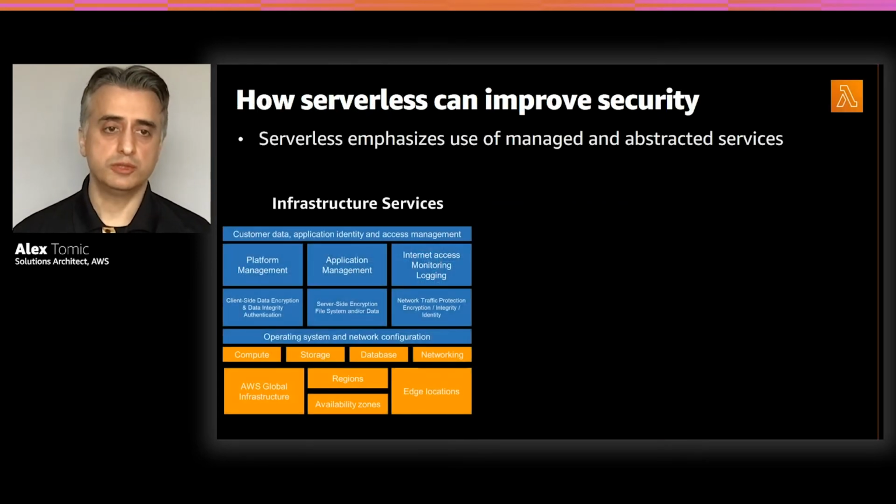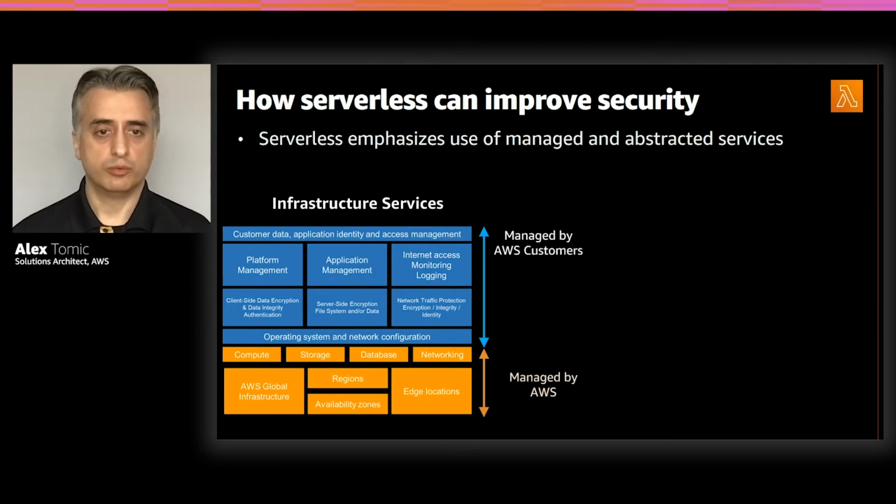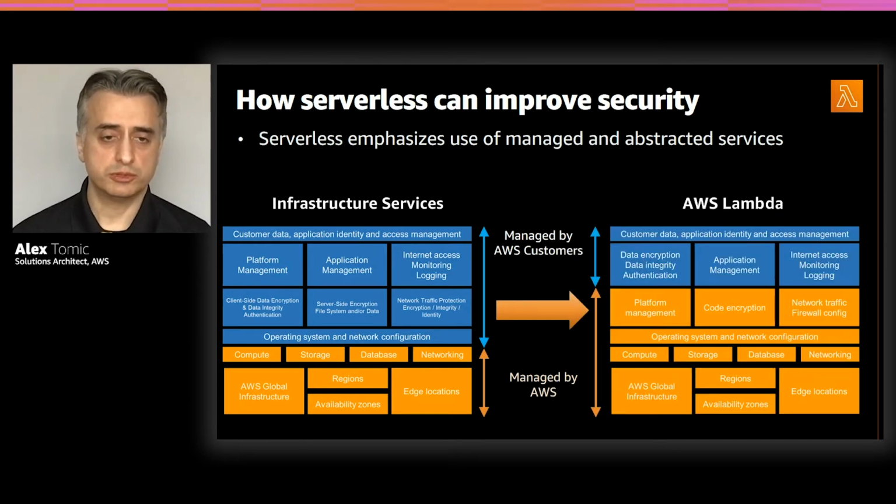All right, I'll assume that you're familiar with the shared responsibility model. Below is the shared responsibility model for infrastructure services, such as Amazon EC2, where you launch virtual machines and then you own and operate all the components inside of those VMs. However, as you adopt serverless architecture services like AWS Lambda, know that the shared responsibility model changes.